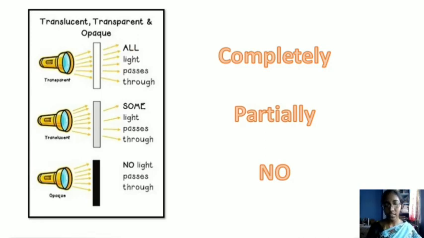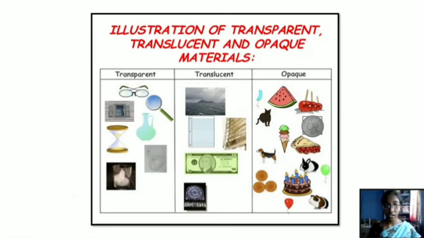Now let us see different examples for these three materials. In this picture, you can see the three different materials, transparent, translucent, and opaque, and examples for all of them. In the first column, you can see specs, the mirror, the jar, the sand clock. Whatever is clear, and the light can pass through completely, those materials come under transparent.